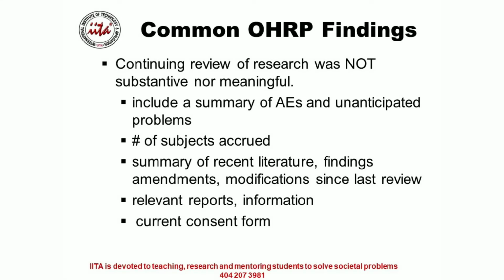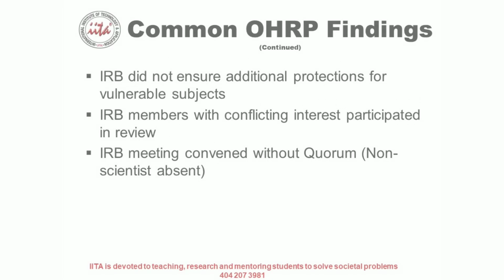Additional common OHRP findings include continuing review of research that was not substantive or meaningful, including a summary of AEs and unanticipated problems, the number of subjects accrued, summary of recent literature, findings, amendments, modifications since the last review, relevant reports and information, current consent form.